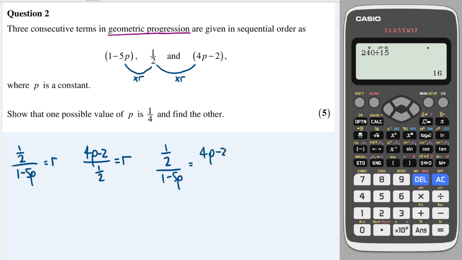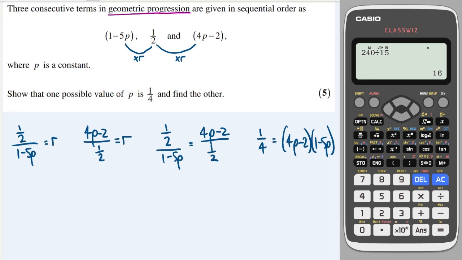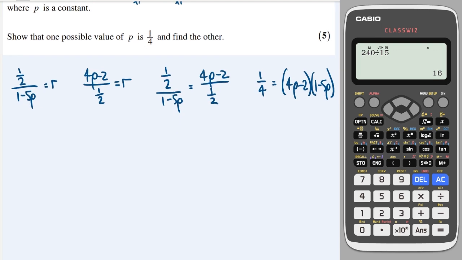So we write this. And then we cross multiply. So we get 1/4 is equal to 4p minus 2, 1 minus 5p. Okay, great. So let's try and solve that. I'll expand the brackets first.